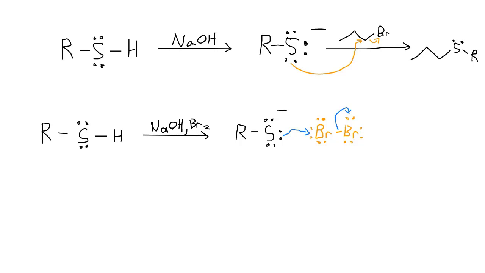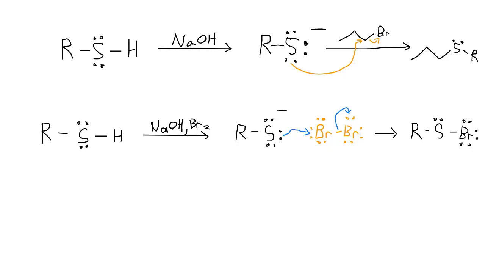And then you get this brominated sulfide, which is really interesting: an RSBr. The reason this is particularly interesting is because bromine's a really good leaving group.